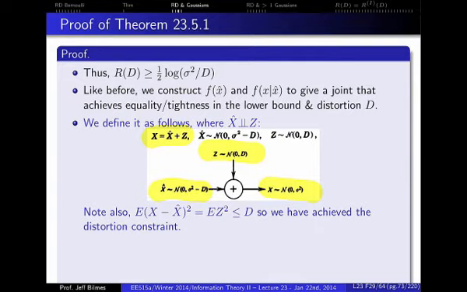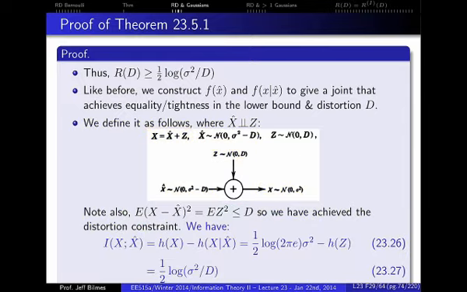The other thing to note, again, is that the expected value of the difference squared, which is equal to the expected value of z squared, is going to be less than or equal to d. So we are satisfying, we're feasible with respect to the distortion constraint. Okay, so that's good. Now you might think, where did these come from? These came from using the same trick, and then just setting the variances just so that these things work out, as you'll see.